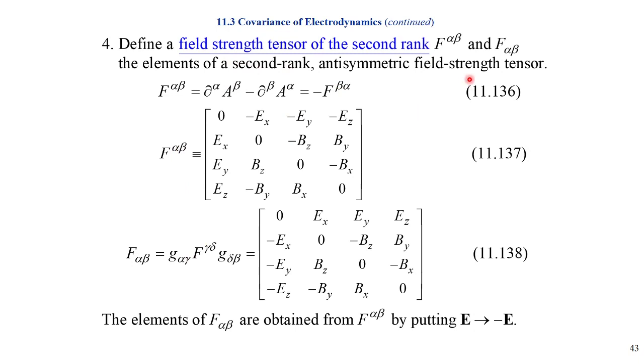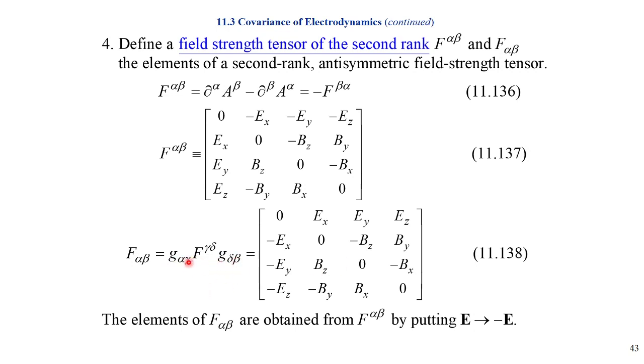What's the difference between superscript alpha beta and subscript alpha beta? F alpha beta equals G alpha gamma F gamma delta G delta beta. What is G? G is the metric.